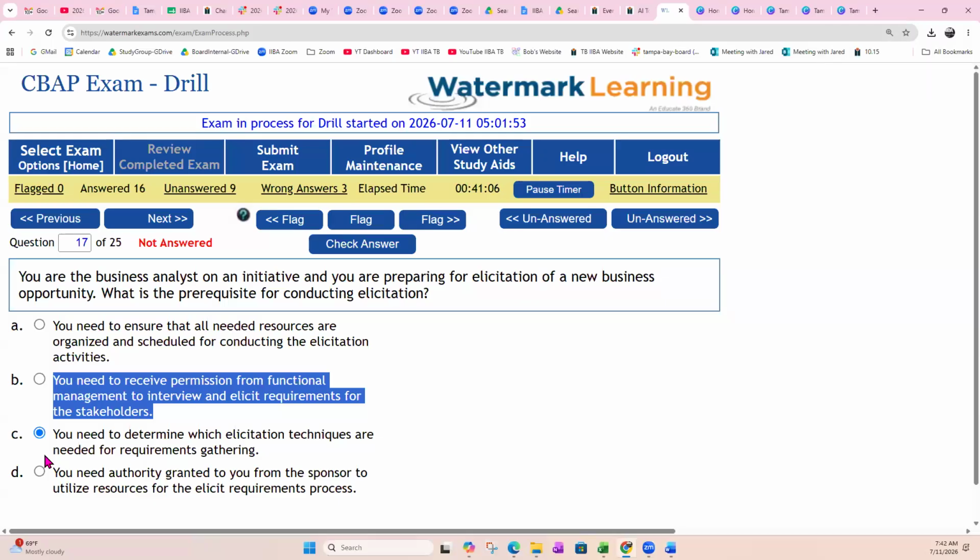Sufficient techniques. Kind of divided between A or C. Jose, what is your answer? Amarachi, what is your answer? I'm also divided with A and C. I think I'm gonna go with A. Yeah, I go with A as well.